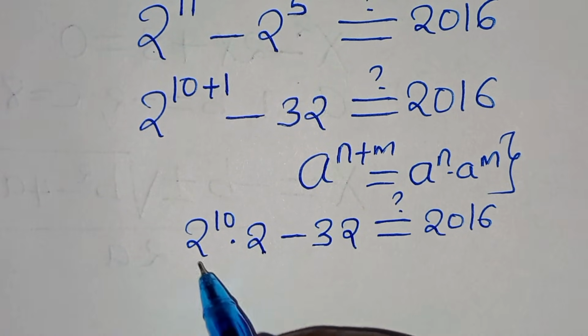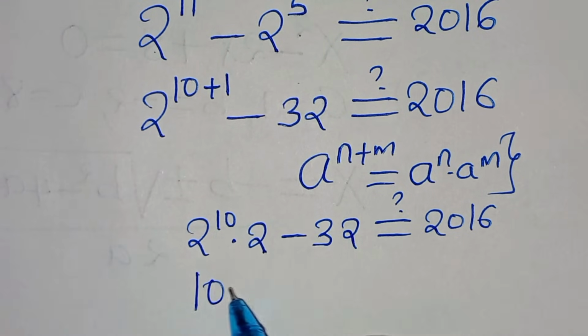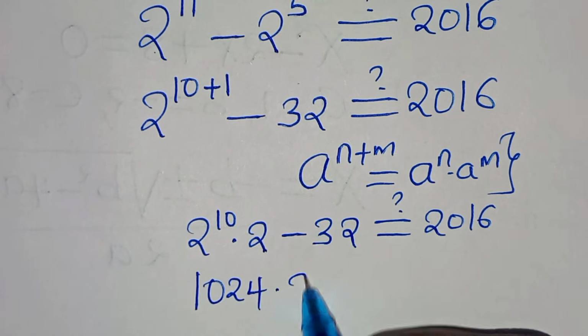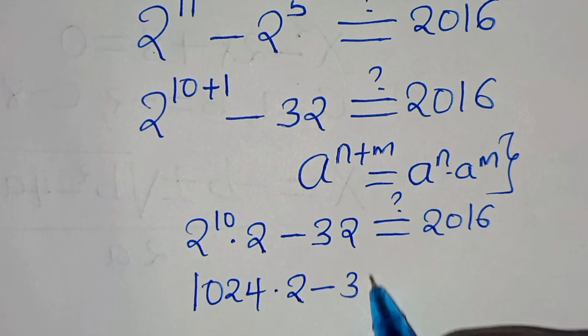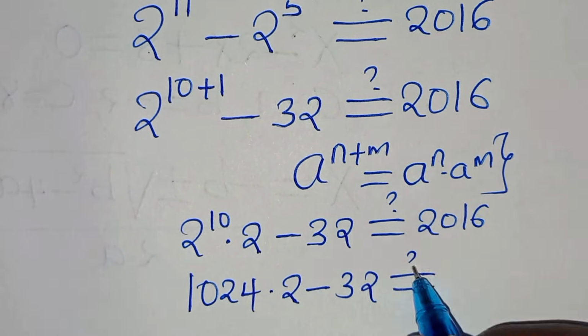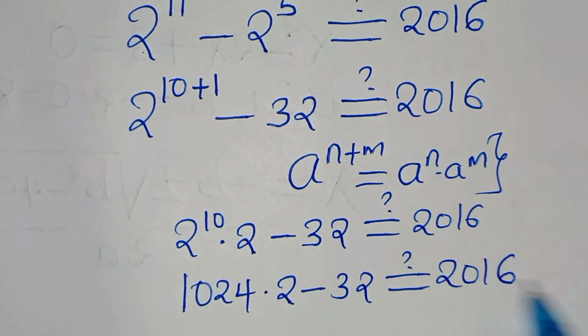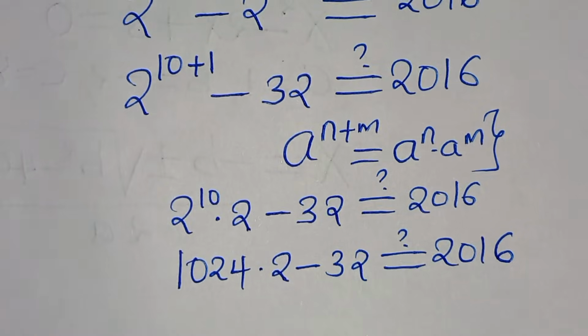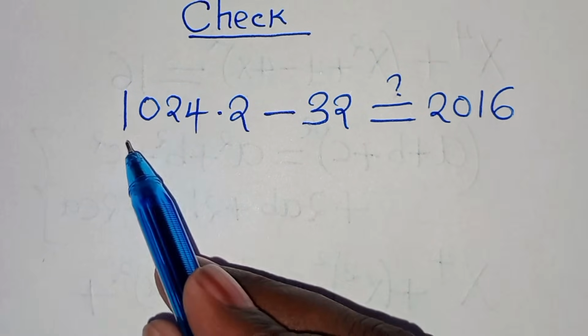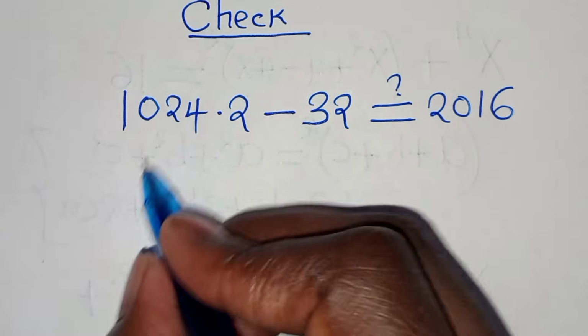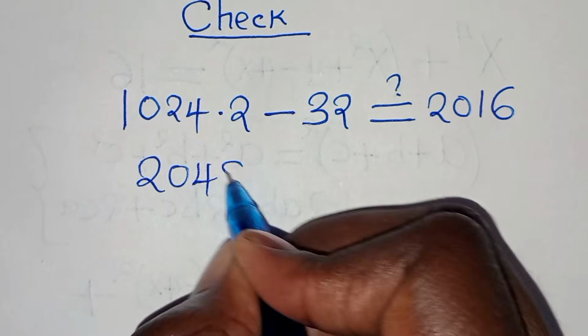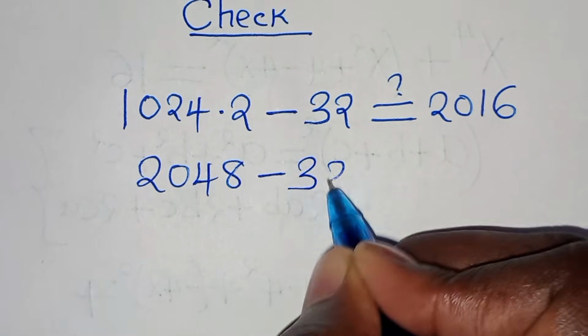Now, 2 to the power of 10 is 1024, times 2, minus 32. 1024 times 2 is 2048, minus 32.